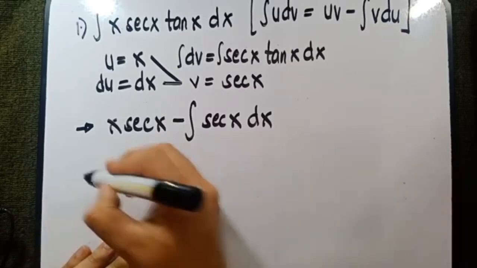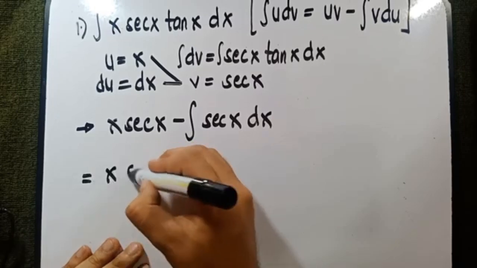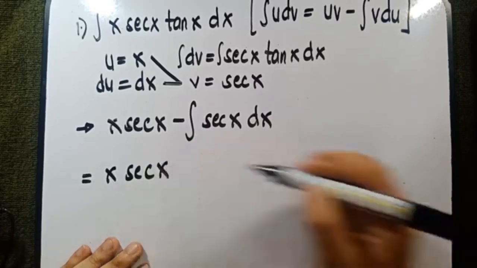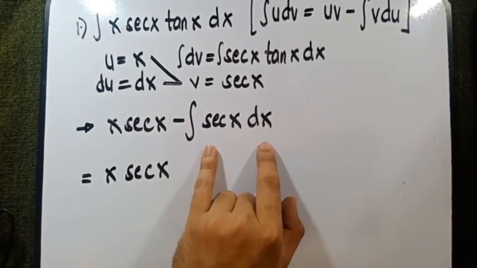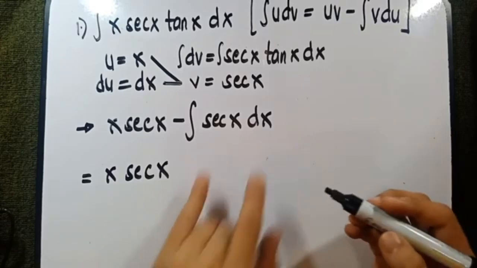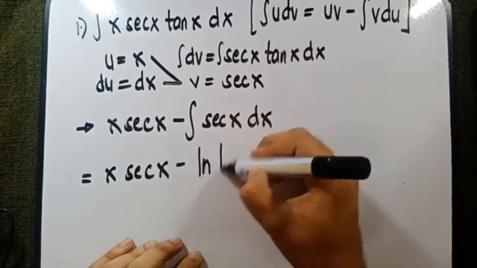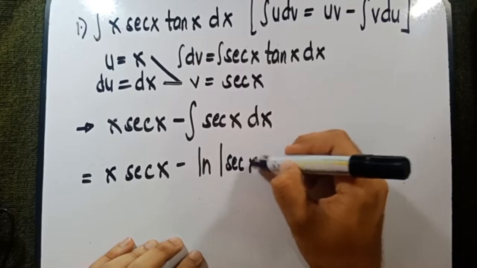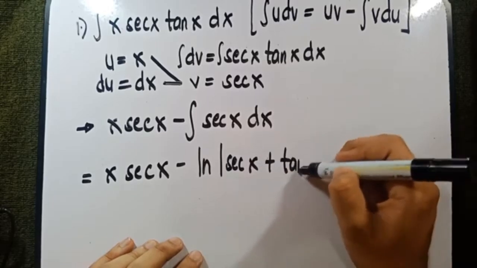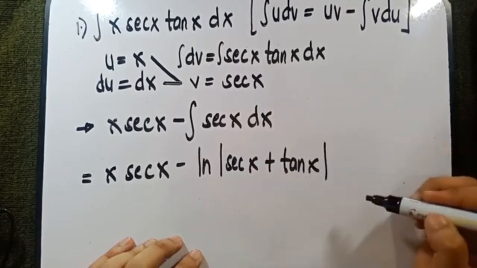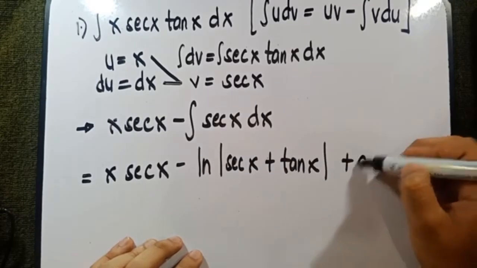Right? Equals, copy mo lang yung x secant x na yun. Ano ngayon yung integration ng secant x dx? So, by the rule, that is equal to ln of secant x plus tangent x. May kulang ba? Siyempre, yung plus c.